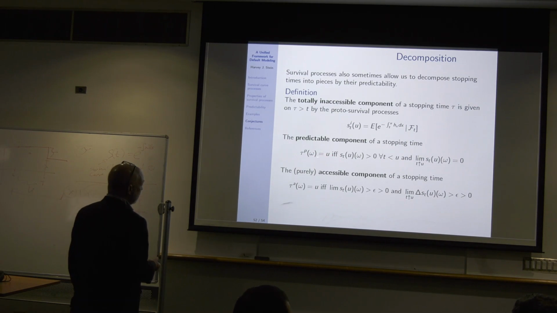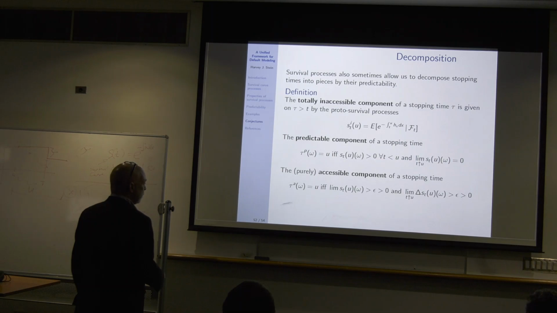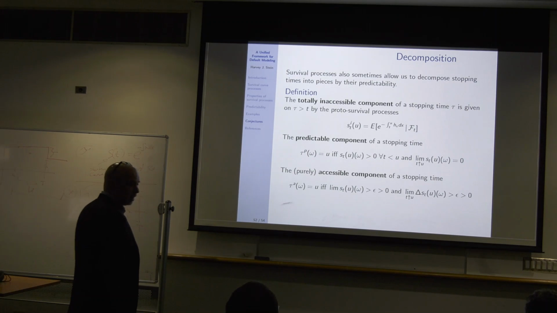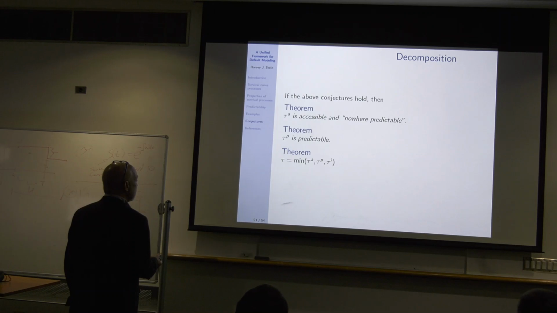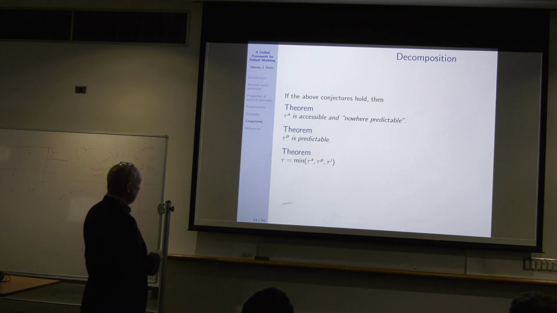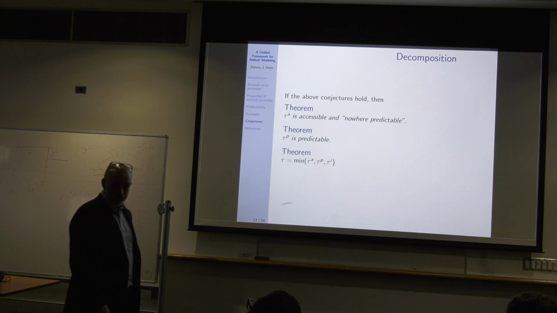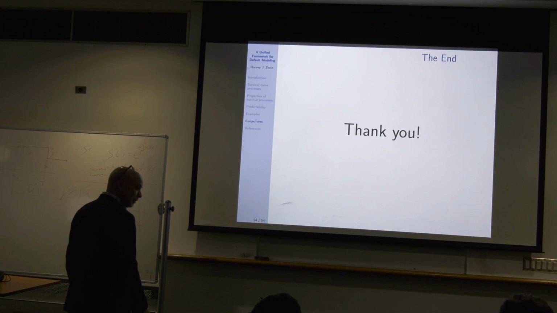The predictable component should be the times where the limits work properly. And then everything that's left should be accessible pieces. Ultimately what you're hoping to see is that you've constructed 3 stopping times which partition the space into the accessible, the predictable, and the totally inaccessible, and your stopping time is actually the minimum of the 3. And that's basically it.